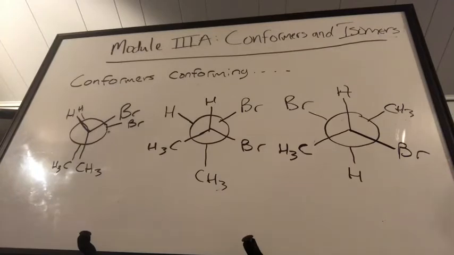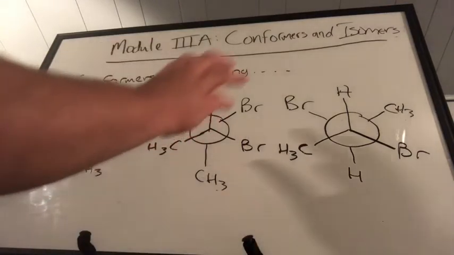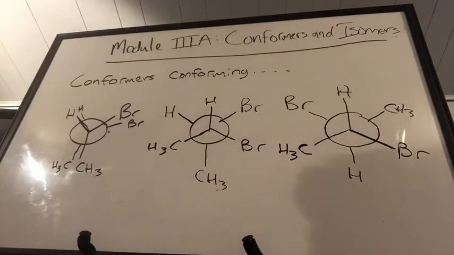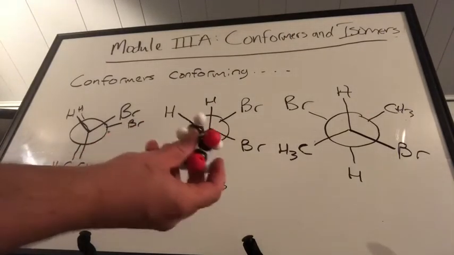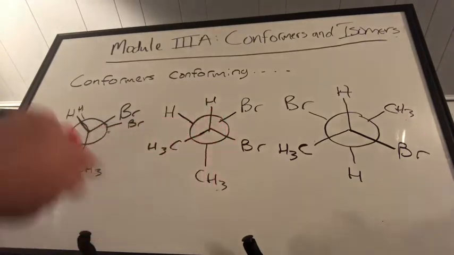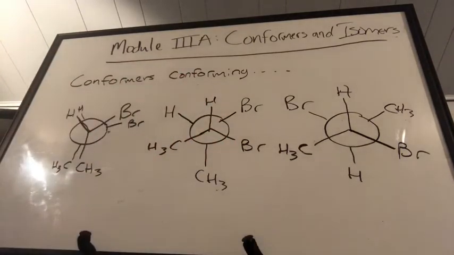Okay, so the first thing we're going to get into, jump right in, is some of these Newman projections that you see here. And then I'm going to show you a molecular model kit representation of what I have here on the board, because two dimensions doesn't really tell you an awful lot about what's going on here.